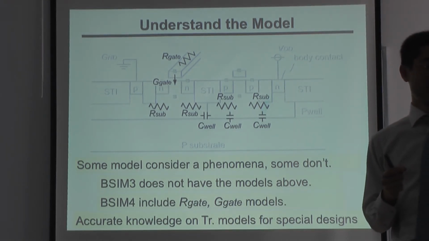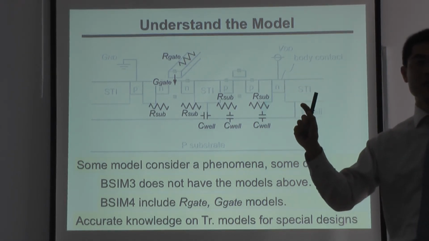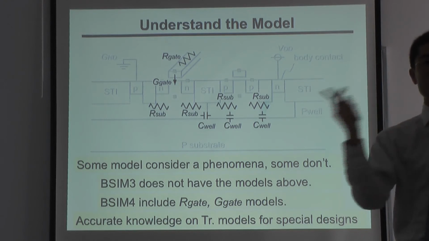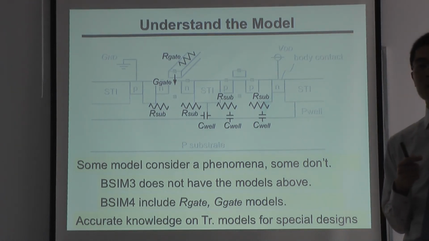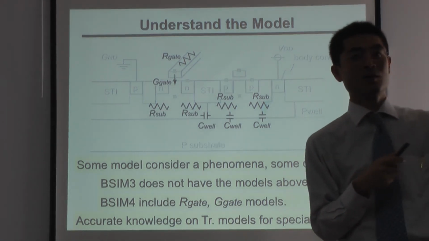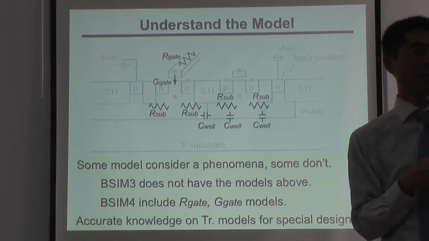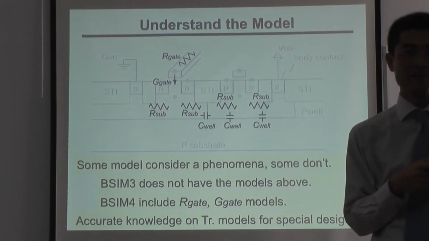So the physics are different, so we want to use different models. And usually once we decide which fabrication factory we use, for example, TSMC provides the parameter files, and we have to use this kind of models.